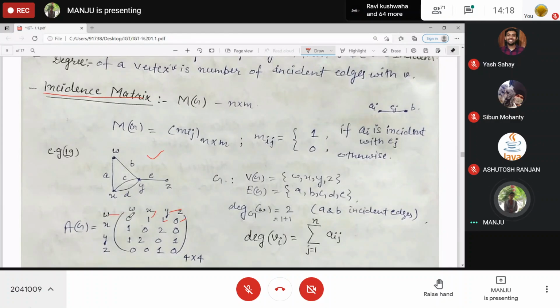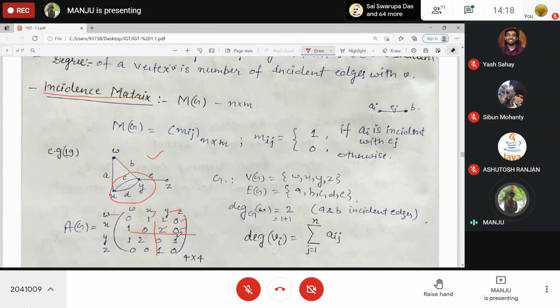So you can copy it. X to W is 1, X to X is 0, X to Y is 2, X to Z is 0. This is the same as this column, so you can write 2, 0. Y to Y, 0.